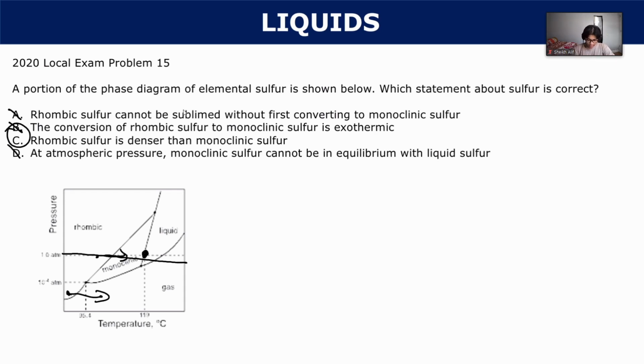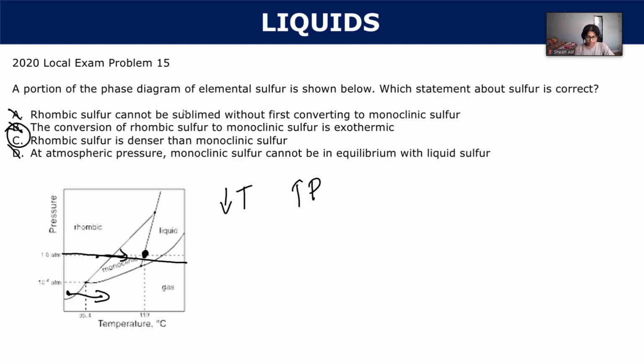So why does this happen? If we take a look at how to get from monoclinic sulfur to rhombic sulfur, we see that we would need to decrease temperature and increase pressure. In most cases, in order to go from monoclinic to rhombic, you would need to decrease the temperature and increase the pressure.